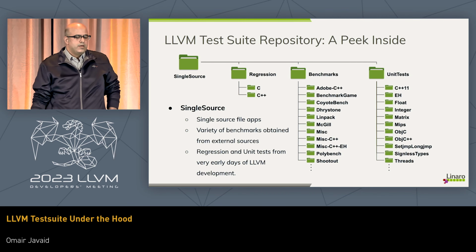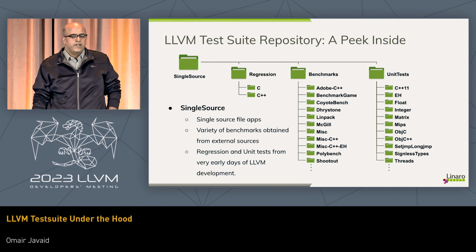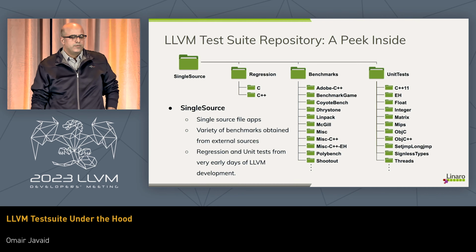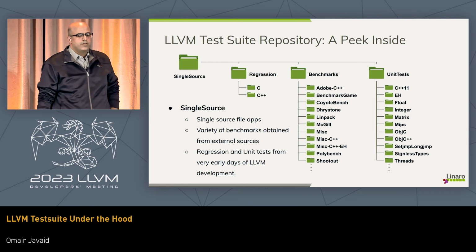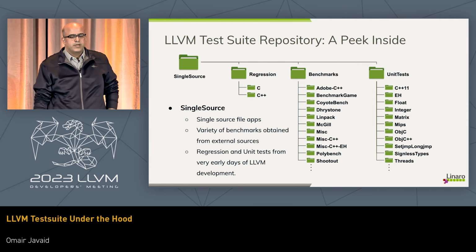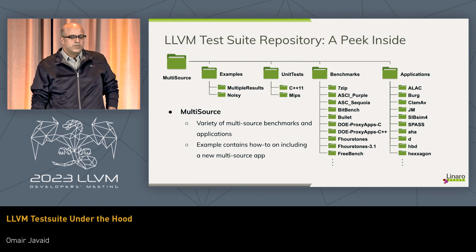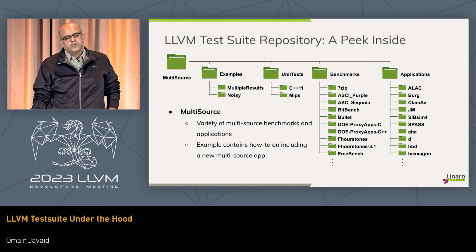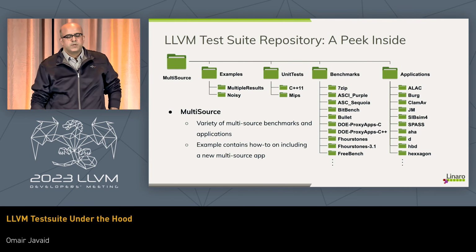Some have been included when the LLVM development initially started, and the lit and CMake based infrastructure was probably not in place. I don't have the full knowledge about the history down there. Then we have the multi-source folder, which is similar to the single source folder. It has lots of real world applications which are formed of multiple source files.